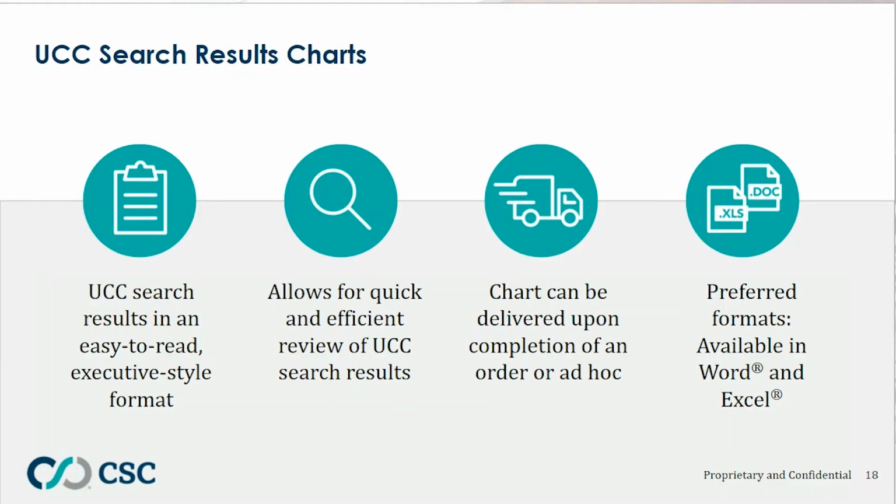We're really aimed at giving you search results that are easy to digest, that allow you to look at charts that are produced from our system. I find the charts to be a good way to hone in on where there are records found, and we'll show you some examples shortly. And just know that when running searches, particularly against large, common debtors, Fortune 500 companies, you're going to find a lot out there, and that's going to mean that the PDF result pages are going to be quite extensive.